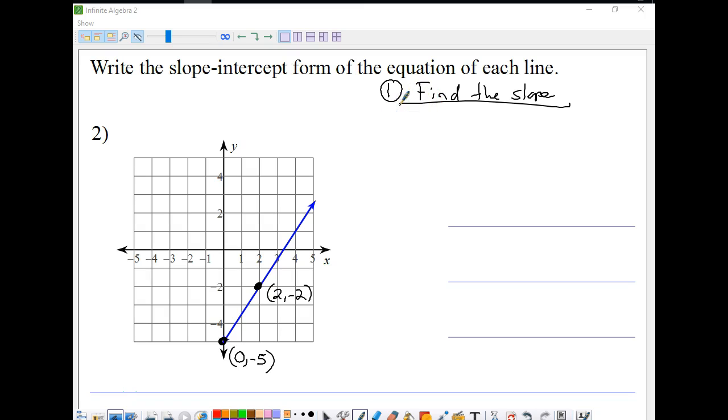Okay. And then my next question is going to go to Leslie. Leslie, how do we find the slope? You're good. So I'm going to change what she's saying, but she's saying the right thing.